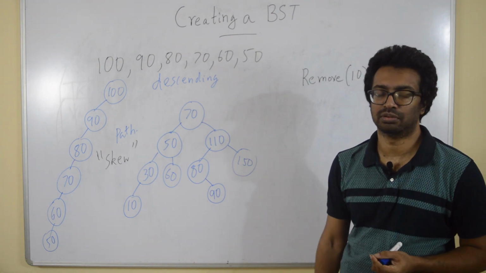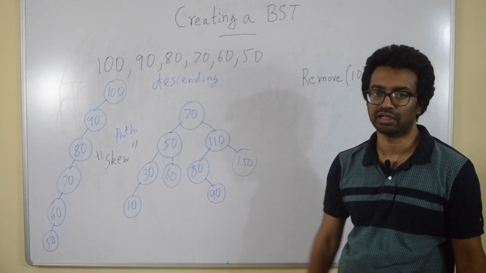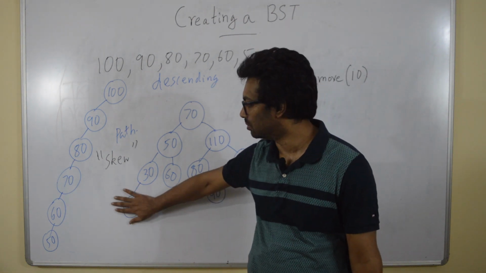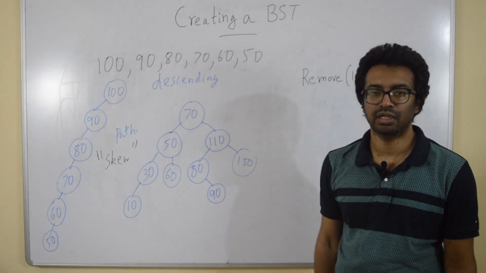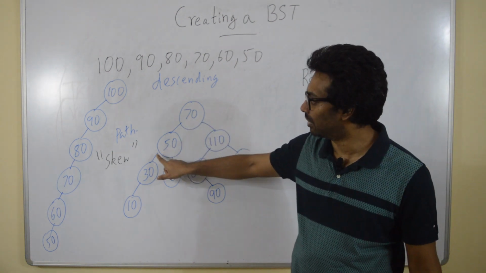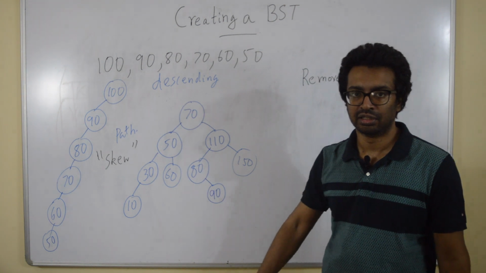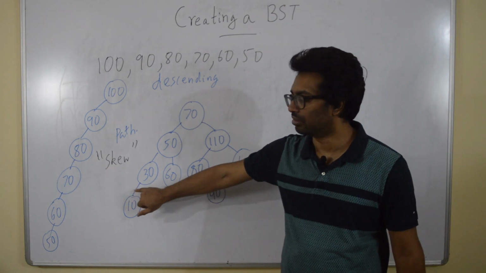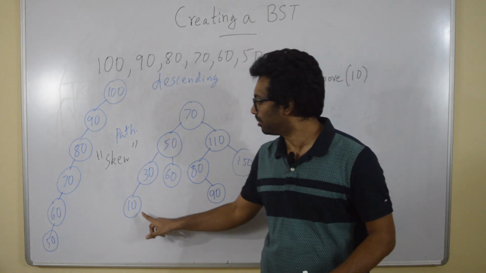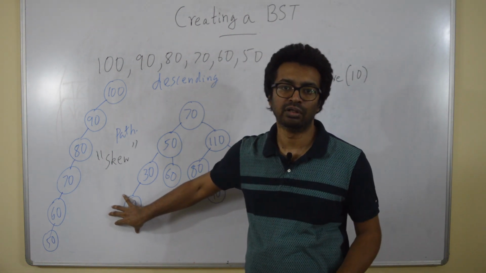How do I do that? It's very easy, right? I just come here and go to 30 and I just remove this. So remove 10 means I just start searching for 10 and I reach there. Once I reach there, I just remove it from the parent. So why was that easy? Because this is a leaf node, right?